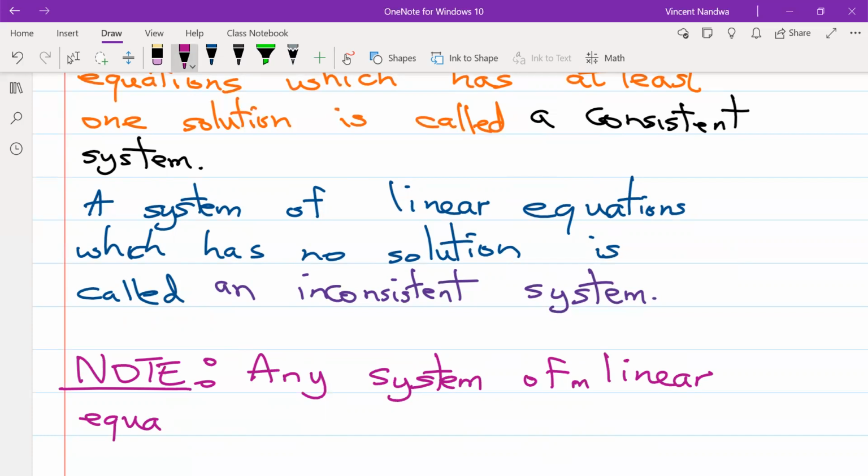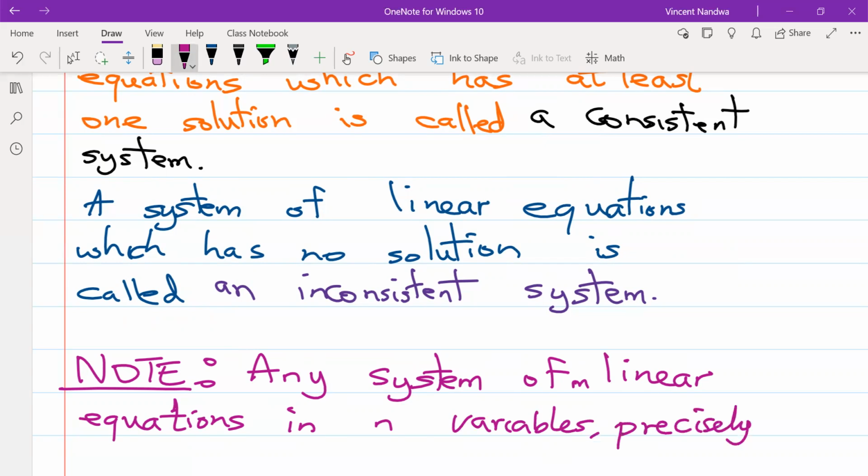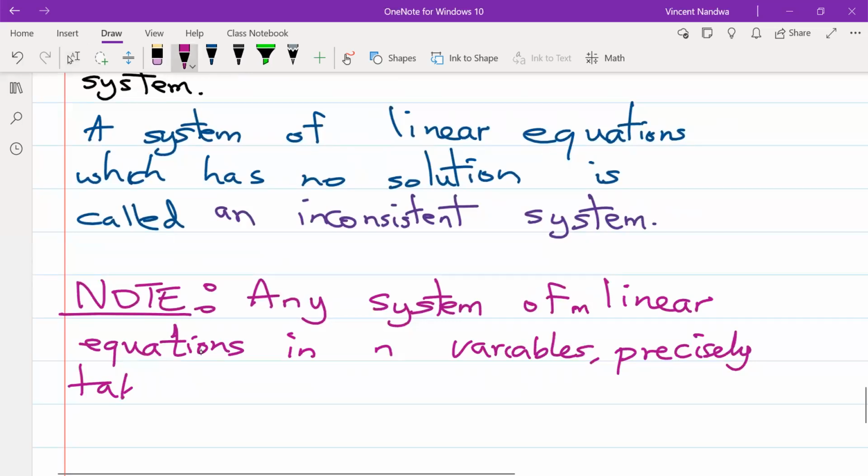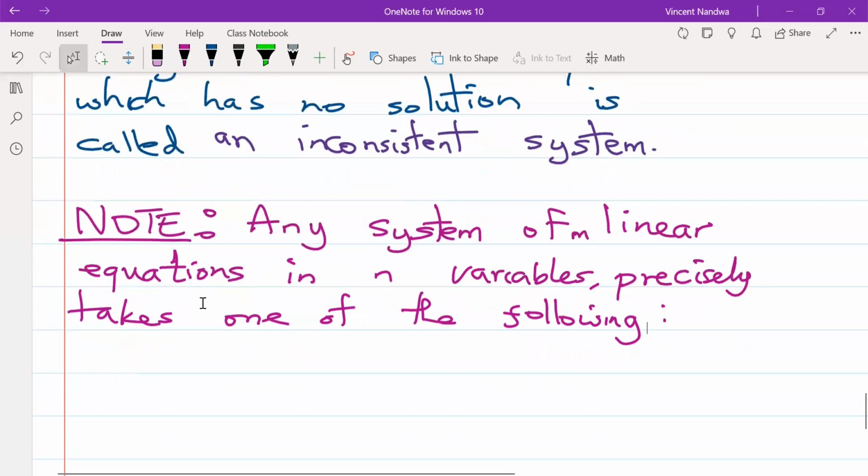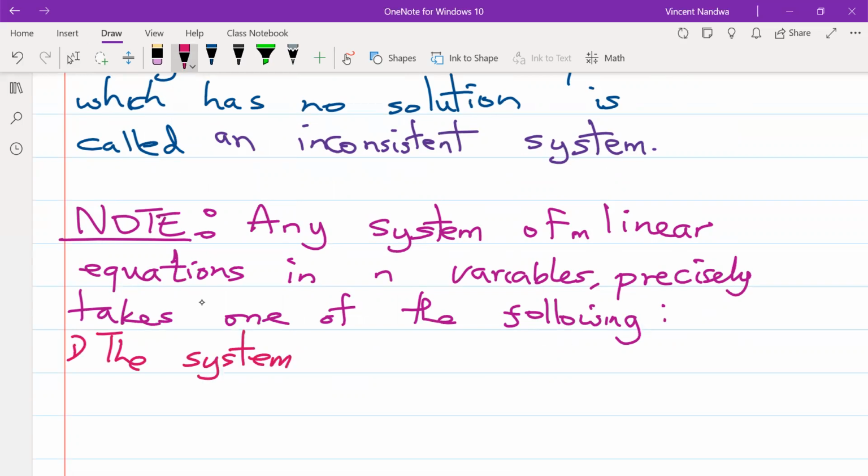Any system of n linear equations in n variables: one, the system has exactly one solution, a unique solution.